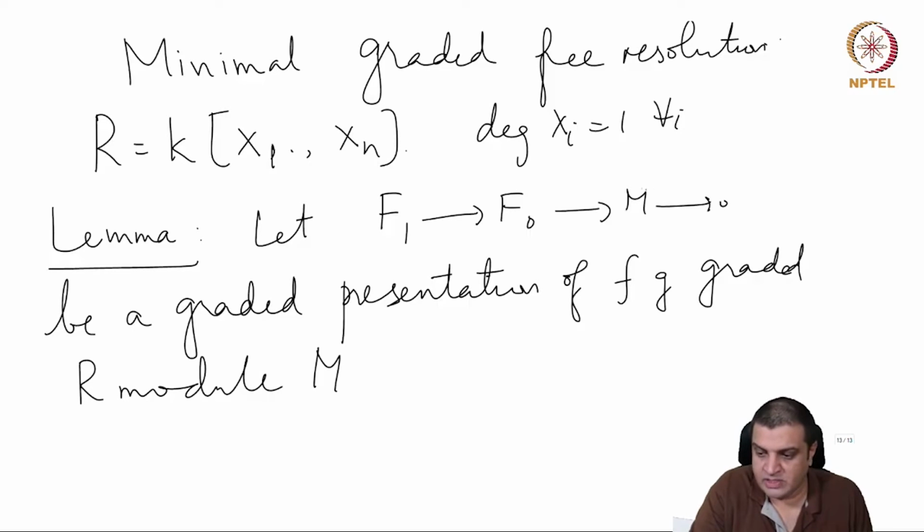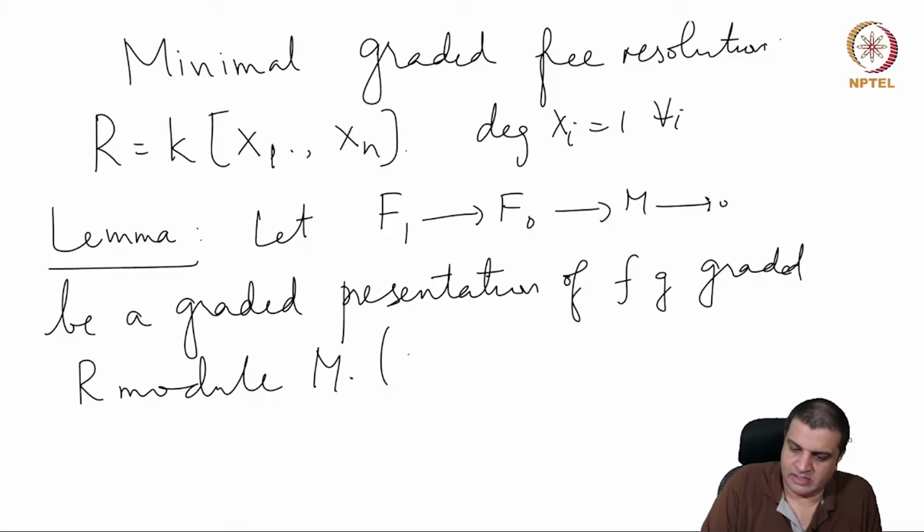We take a homogeneous generating set for M and then we map that many generators onto M. Look at the kernel, then we take homogeneous generators for the kernel and then correspondingly build F1. So the free modules are graded and the maps preserve degrees.